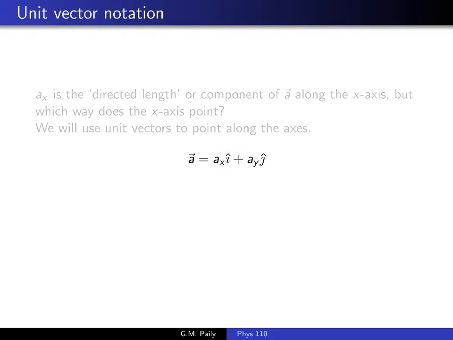This is called I hat, plus AY times J hat. I hat is the unit vector pointing in the direction of increasing x, and J hat is the unit vector pointing in the direction of increasing y.